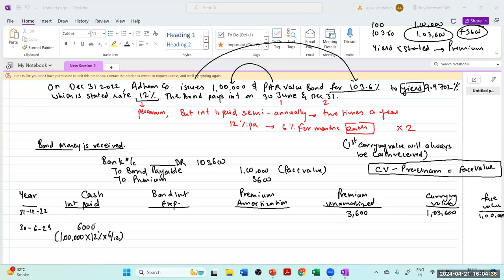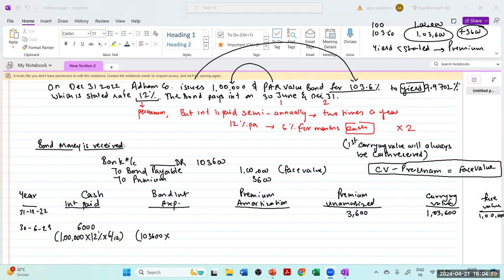6,000. Bond interest expense is always going to be on carrying value. Agreed? Do you remember? What was bond interest expense?